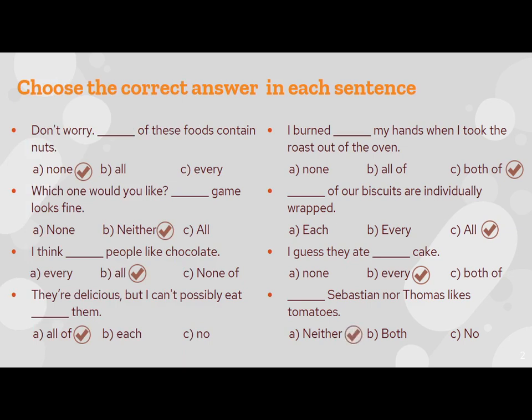The answer for this is going to be neither. Neither Sebastian nor Thomas likes tomatoes. In the case of both, we're talking about not one person nor the other one. In this case, neither is the correct answer. Both, no, because you need to have both Sebastian and. You need to have and, not nor. And we cannot say no Sebastian nor Thomas. The correct answer for this exercise would be neither.